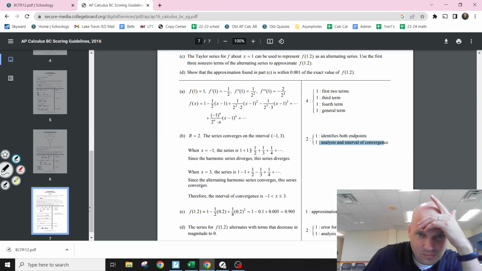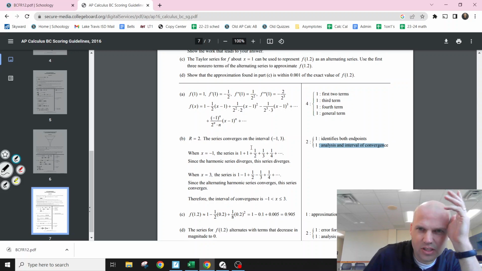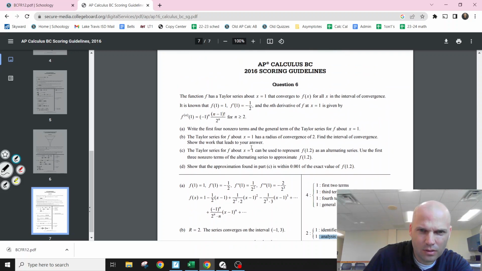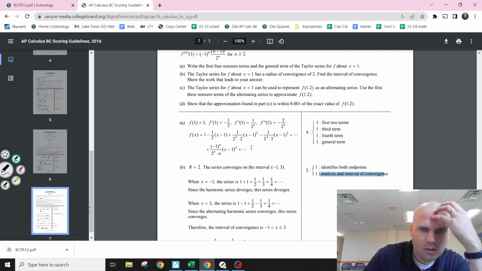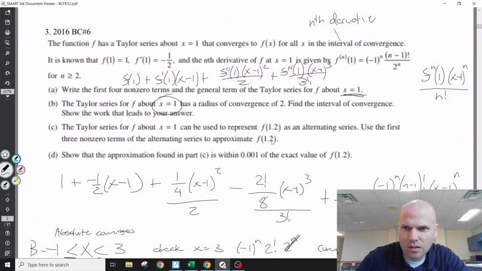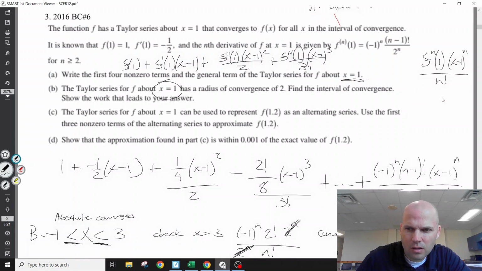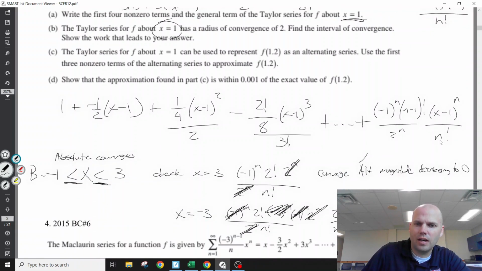Oh, I messed up though. Oh, because it's not n factorial? Because the n factorials cancel? Oh, I forgot about this n minus 1 factorial.